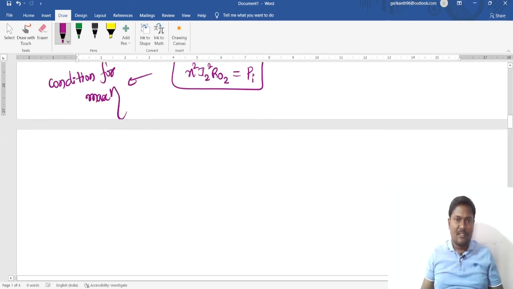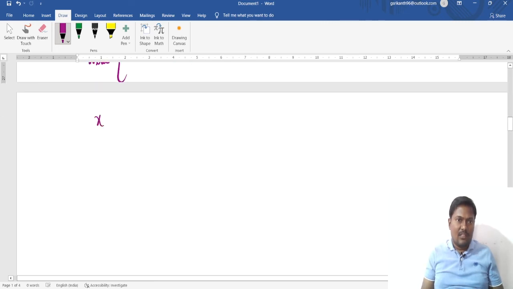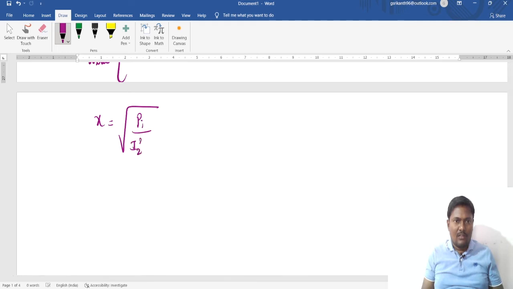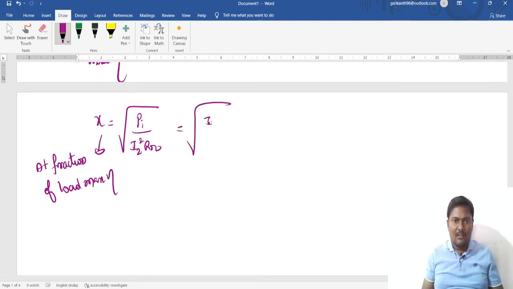Here, at what fraction of load does maximum efficiency take place? Under root of iron losses by full load copper losses. Iron loss divided by full load copper loss.